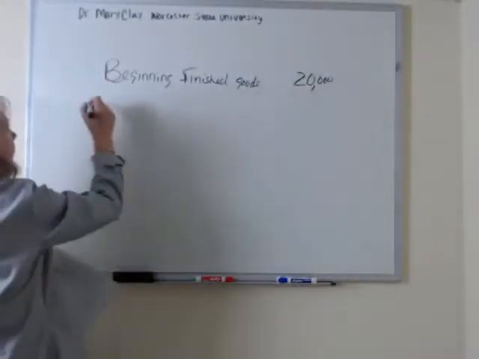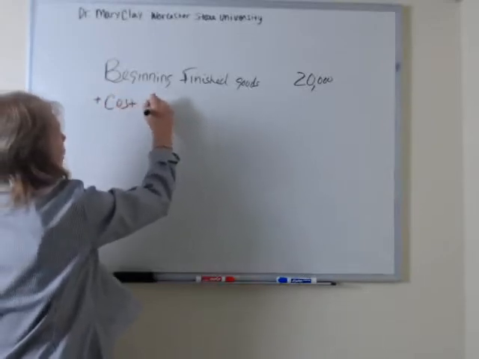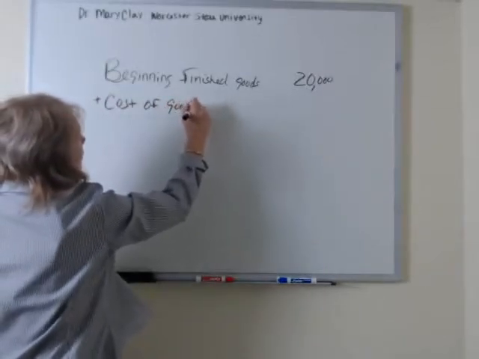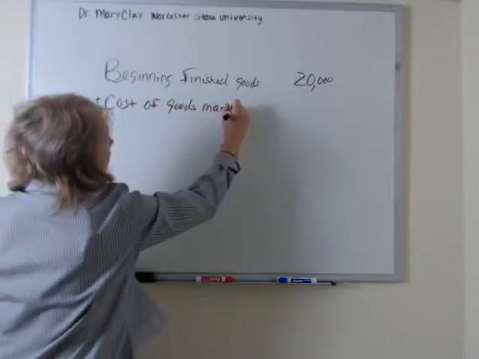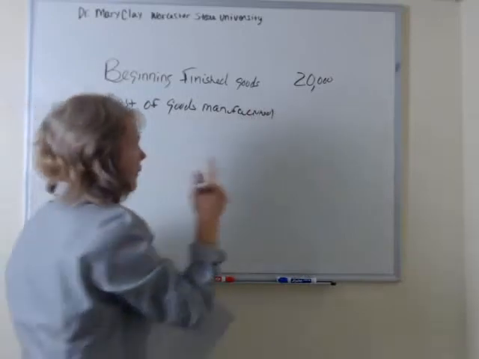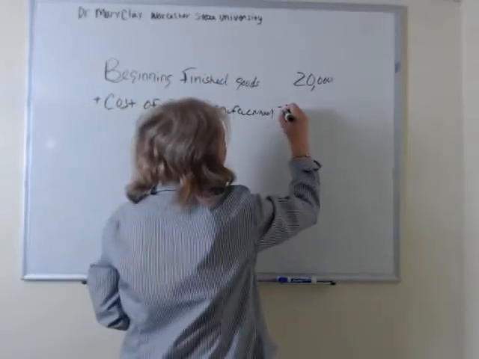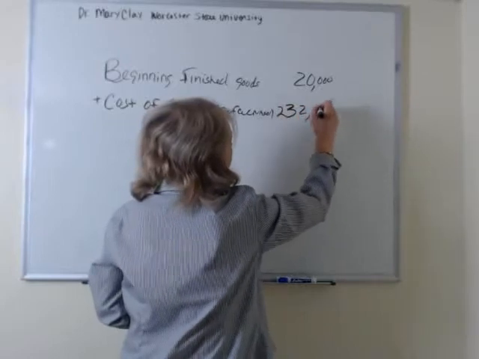Next, I add my cost of goods manufactured. And that came from my last schedule, 232,600.